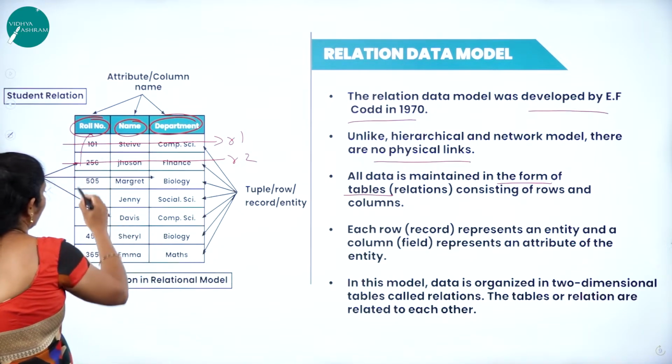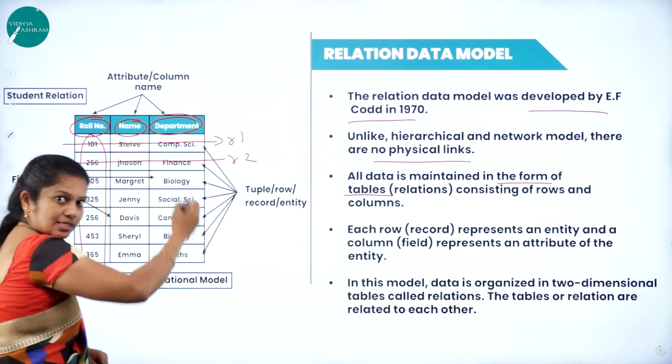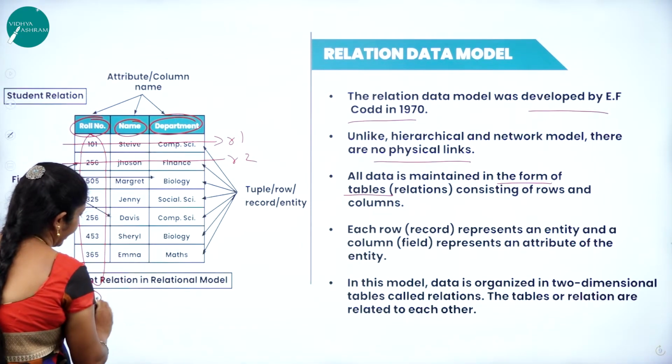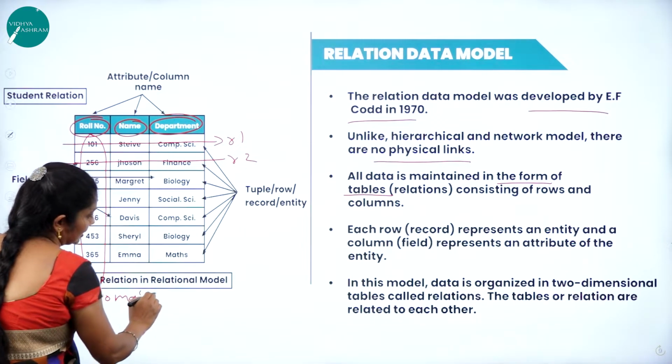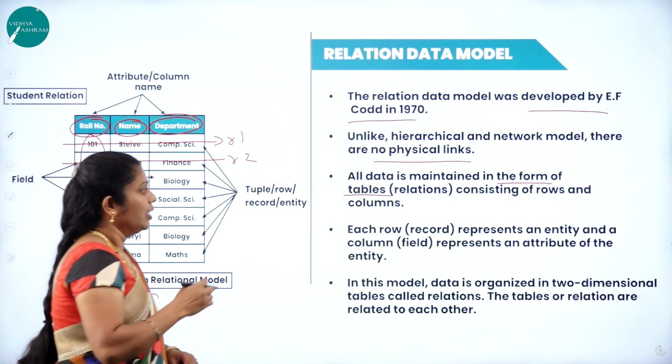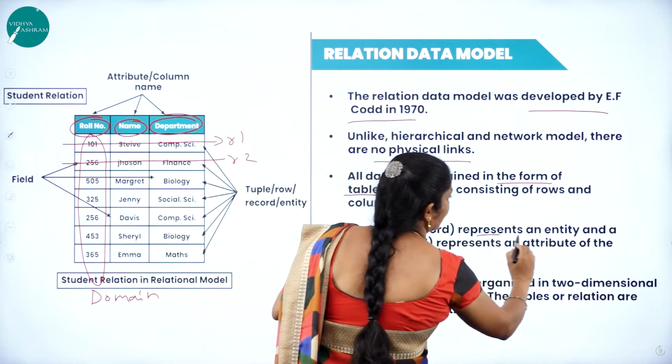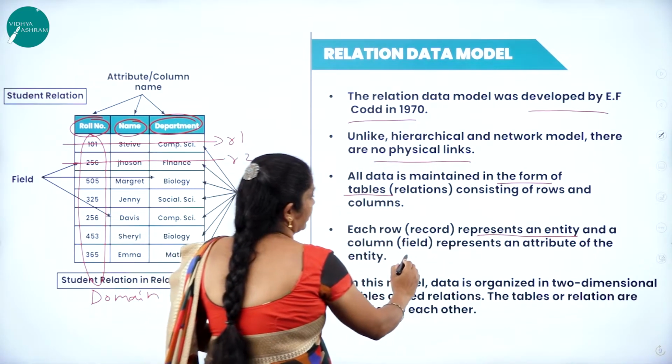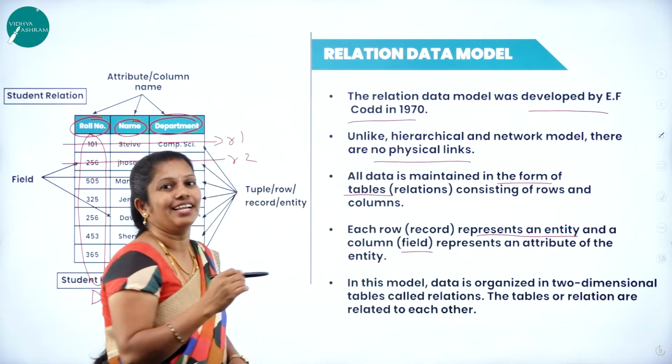And the entire column of information, a single column, can be called a domain here. Each row or record represents an entity and each column represents a field, that is, an attribute.